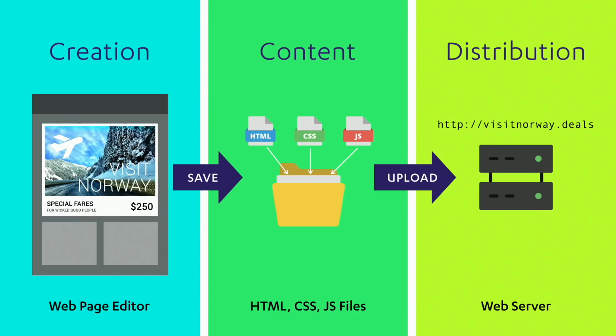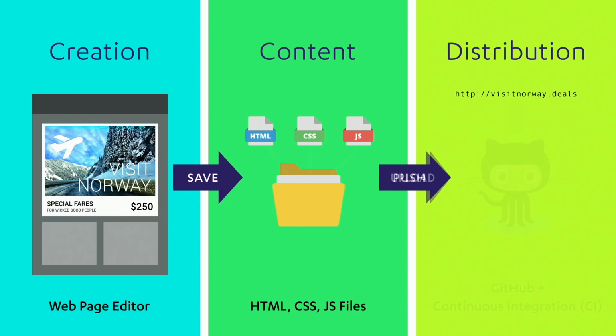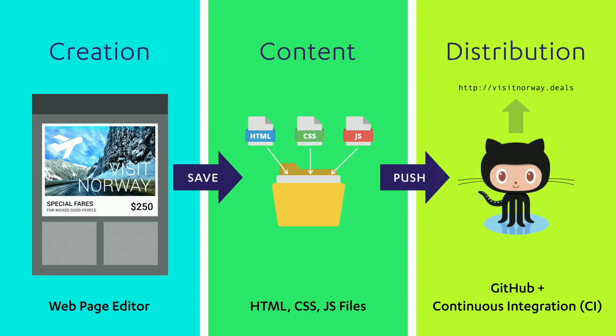But if you ask the people who have been doing web development recently, what has really changed is this last part. Instead of uploading it to an FTP server as a way to deliver this for distribution, the web page editor, which could be a web app or a desktop app, still creates the same HTML and CSS files. But instead of directly pushing it to the website by uploading over FTP, you check in your code, your HTML, CSS, to GitHub.